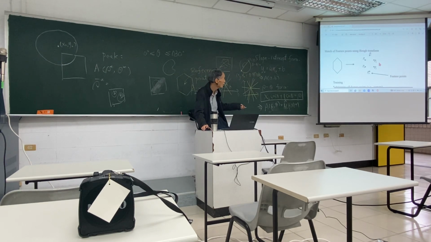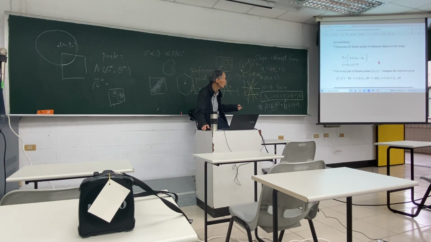This is based on the corner points. You identify the corner points. If you want, you can go see the details. You use the distance as the feature, and you try to find some parameters.